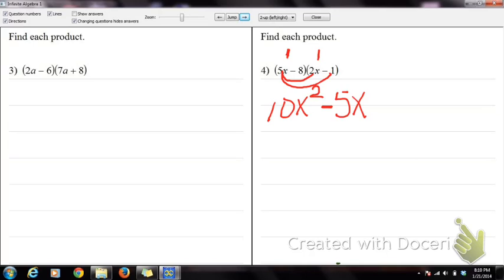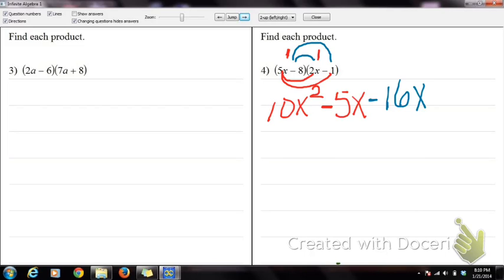Then we select a different color pen. Blue would be great. And we go in and we multiply the negative 8 times both of the terms in the parenthesis number 2. So negative 8 times a positive 2 is negative 16, and keep the x.